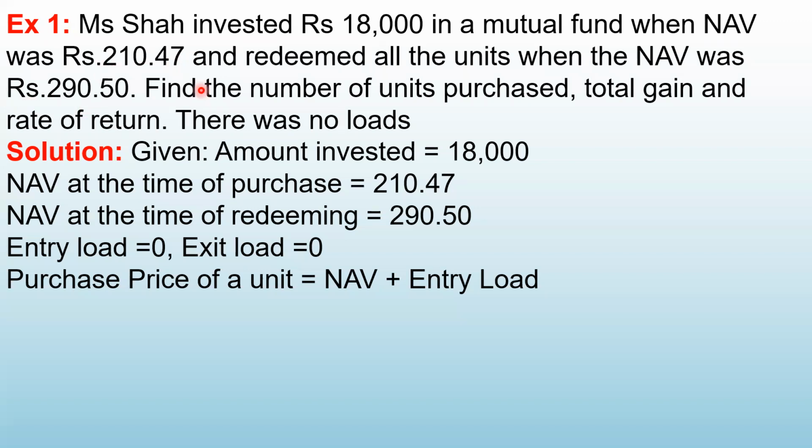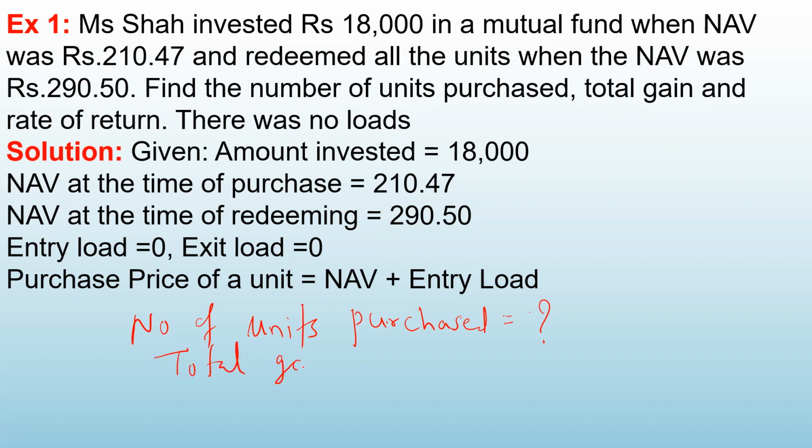You have to find out how many units are purchased. So what we have to find out here is the number of units purchased. What else do you have to find out? Total gain. You also have to calculate that.